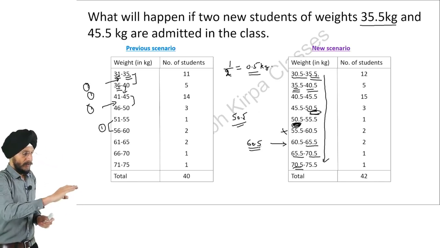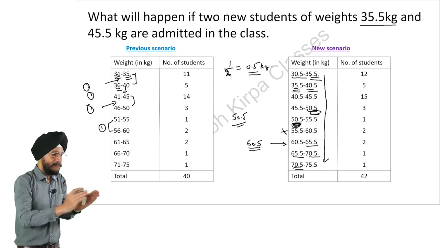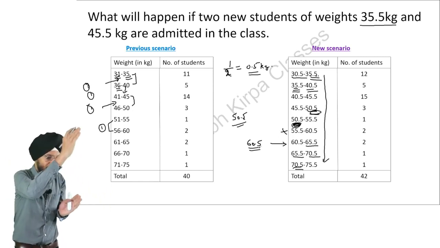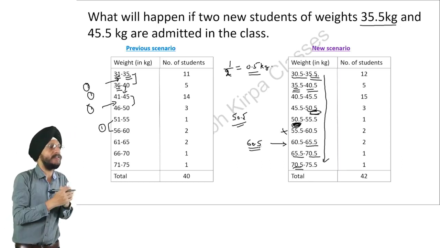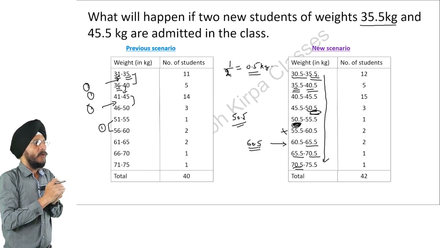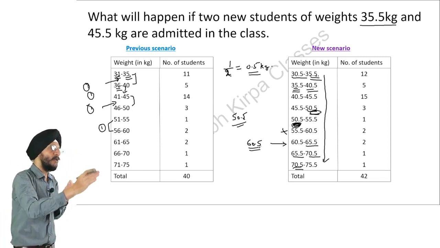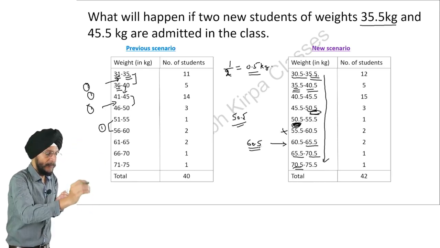So you can observe here that if we make the class intervals continuous, any student who gets admission in the class, and we make the group on the basis of weight, we can make the proper group.